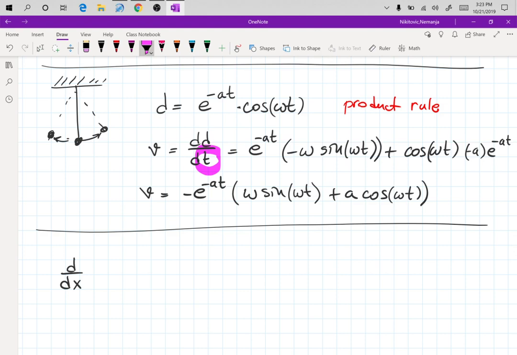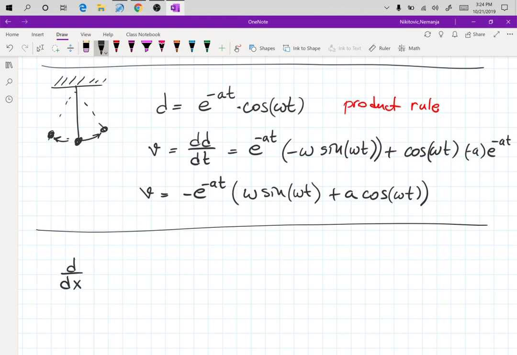And you are taking the derivative with respect to t, which makes sure that a and omega are constants. The variable that appears in the denominator of the derivative notation is the variable for the problem. The other letters that you encounter in the problem are all going to be constants. So that's the reason why we treated negative a and negative omega as constants, because the denominator there, dt, told us that time is the variable.